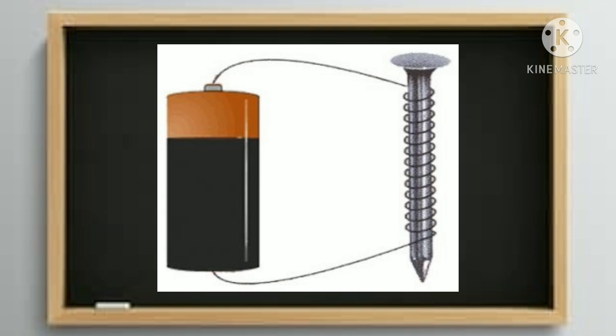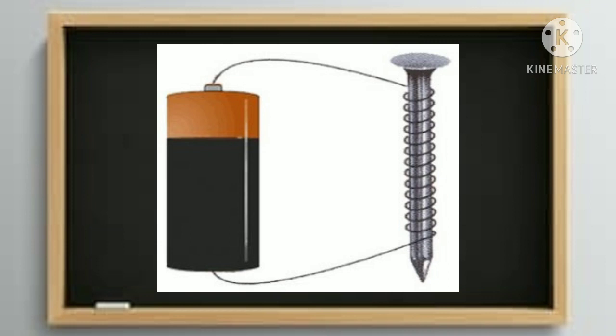So a soft iron nail is taken, it is wound with insulated copper wire and the two ends of the copper wire are connected to a cell. When the two ends are connected to a cell, electric current passes through the copper wire. When electric current passes through the copper wire, this iron nail will be changed into a magnet.